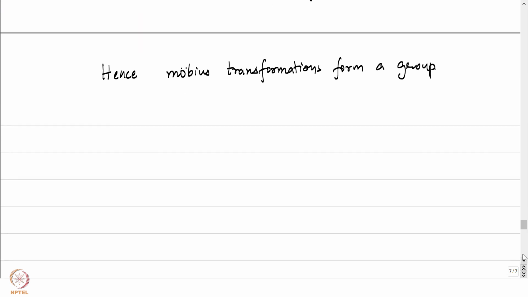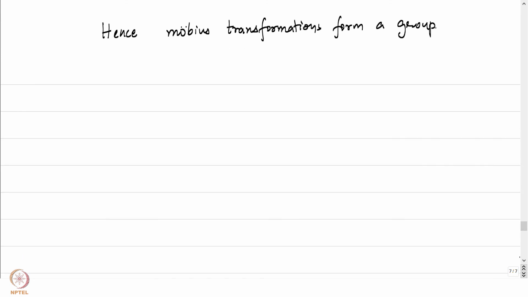But then we were worrying about the points minus D by A and the point where the denominator of S inverse vanishes. So in order to get ourselves in a better situation, let's define the map S as a map on the extended complex plane rather than on the complex plane.